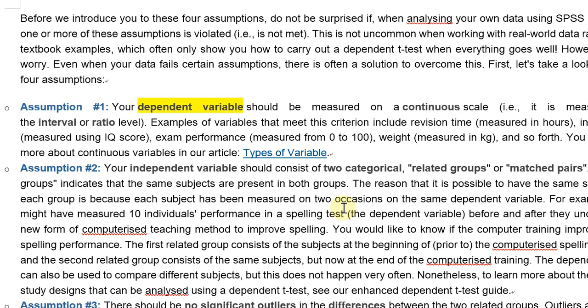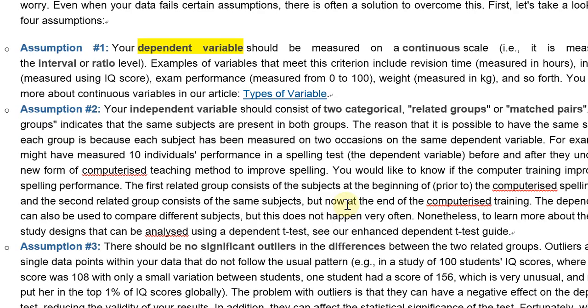Then let's go to assumption number 3: no significant outliers. There should be no significant outliers in the difference between the two related groups. What are outliers? An outlier is something outstanding.